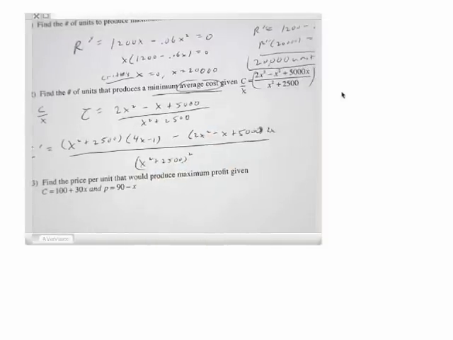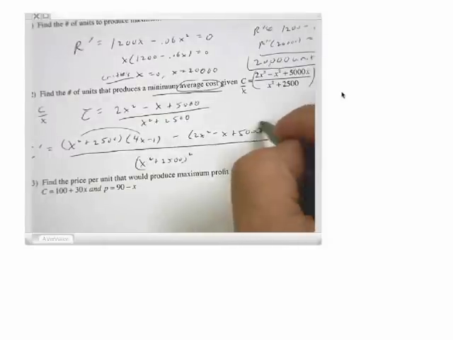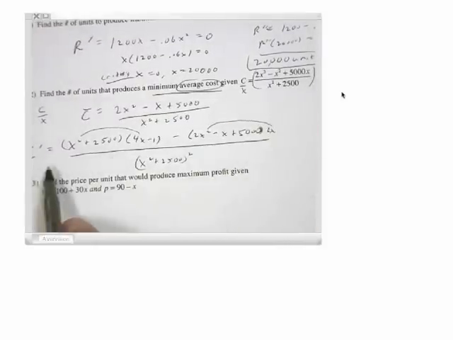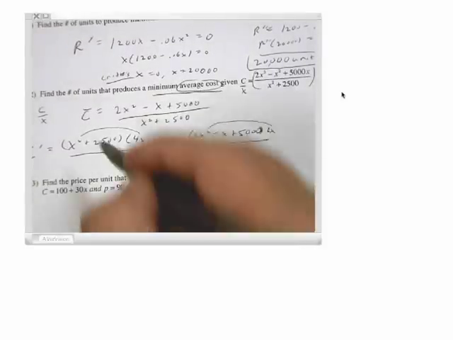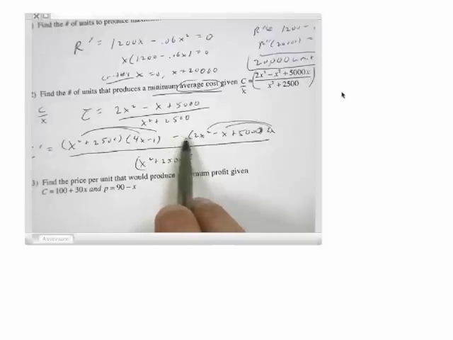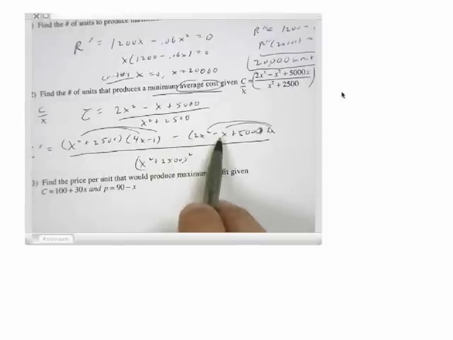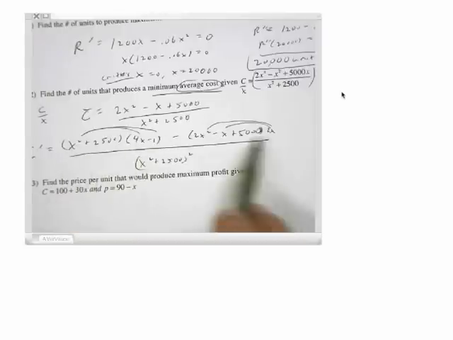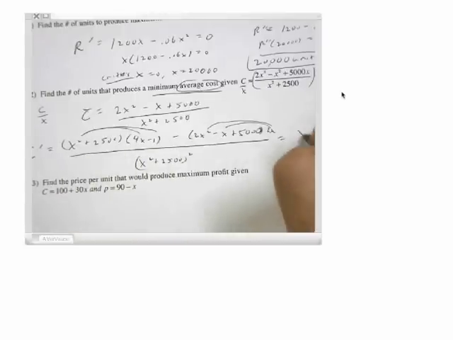Okay, the top, I'm going to get a 4x cubed there. Over here I'm going to get a 4x cubed, and this one's a plus and this one's a minus, so they're going to cancel out. I got a minus x squared. Over here I have a minus 2x squared. But the minus 2x squared is going to become a positive because I have a negative minus that. Okay? So we have a negative x squared plus 2x squared, 1x squared.